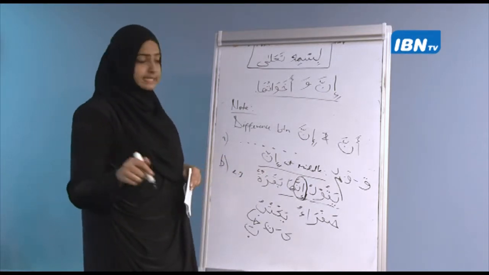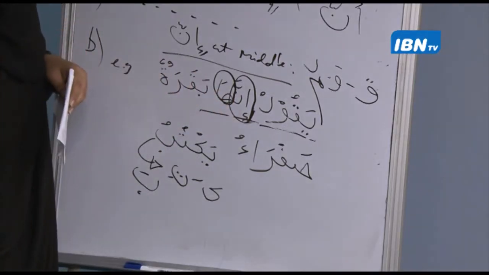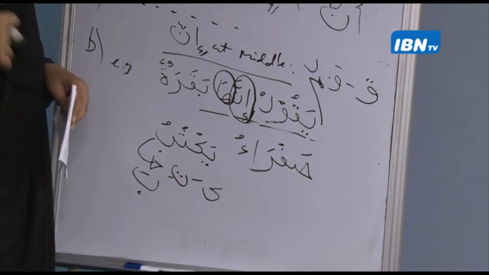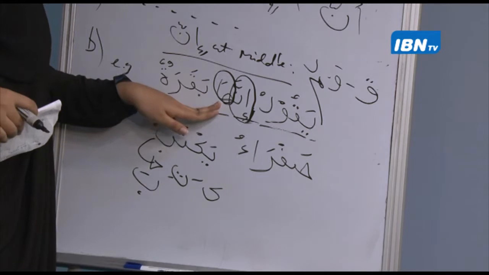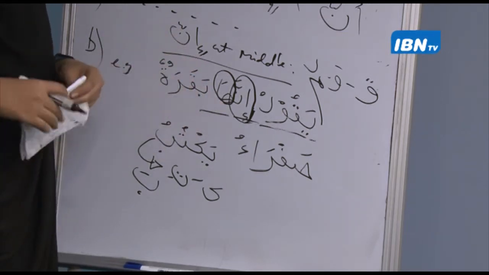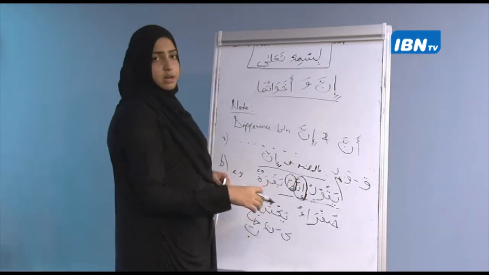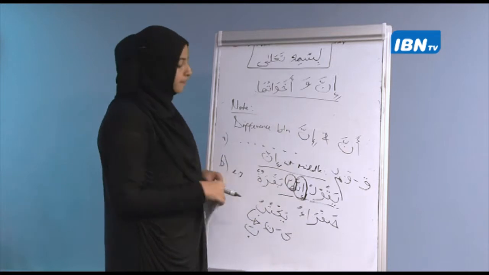And remember when we were doing about the pronominal suffix, we discussed the two types of suffix, right? We said ha is amongst the dependent ones, the joint one, we call it the muttasila.